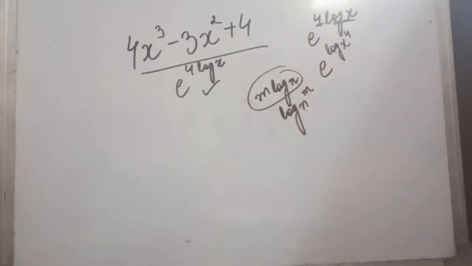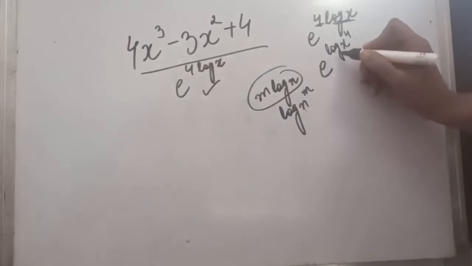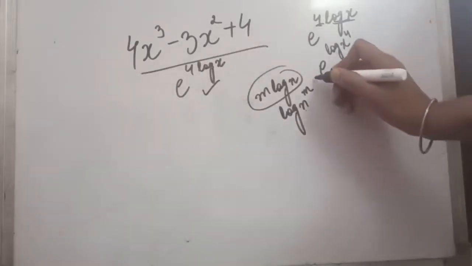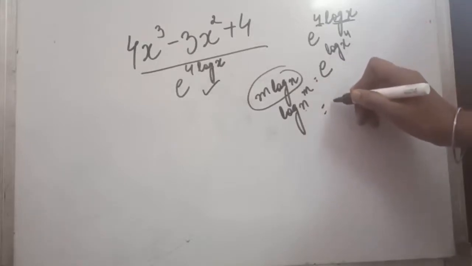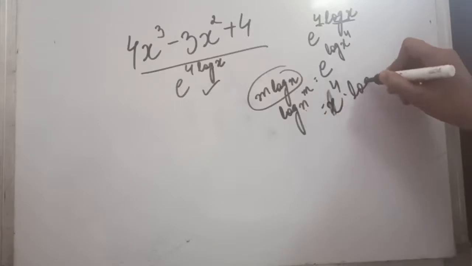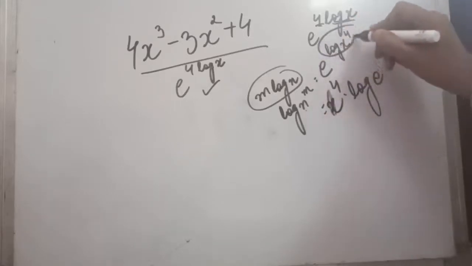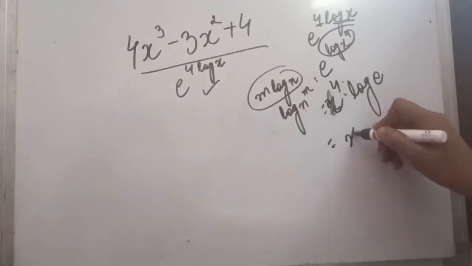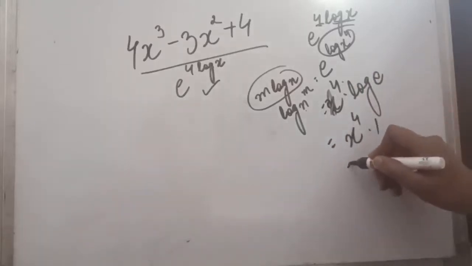Correct? So now again applying the same formula. Now here again its power can come forward. Again this full power can go below. So we can write it like that, x power 4 into log e. So what I have done is this entire power has come forward. So x power 4 into log e. Now log e, we know that is equal to 1.